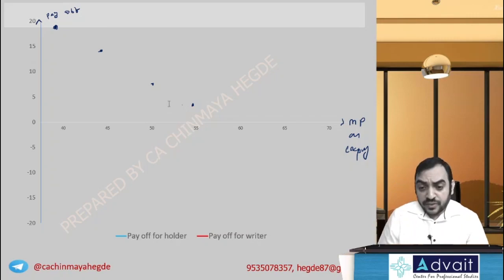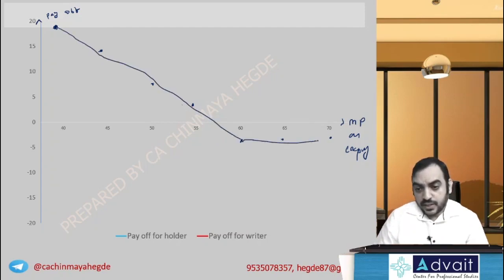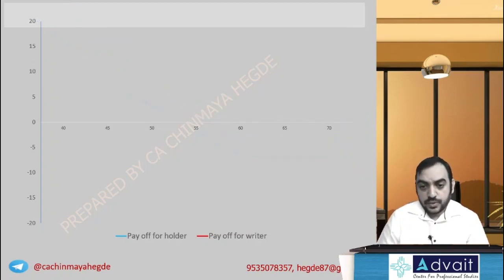Then after 60, you get minus 2, a flat loss. Here minus 2, and here minus 2. If I join the graph, it looks like this. I think it looks like a better graph. Yes, this is the payoff for the holders.